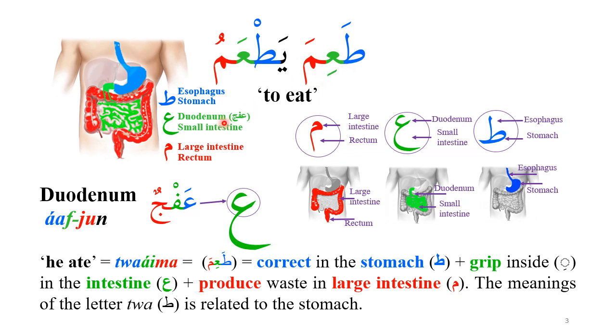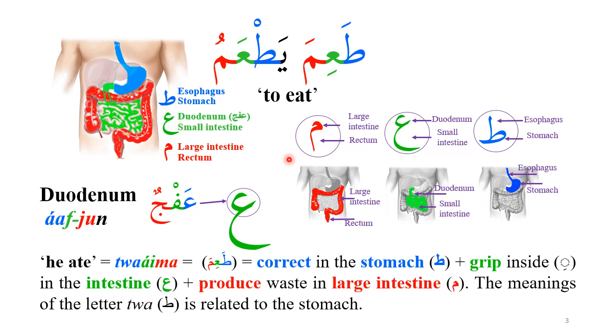related to the parts of the gastrointestinal tract of the human. The twa, as I have said before, is like the esophagus and the stomach, and then the ain is like the duodenum and the small intestine.